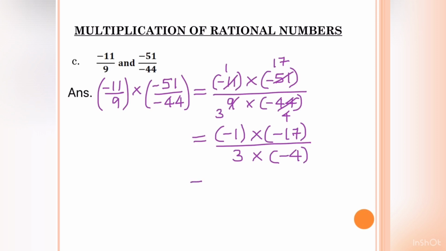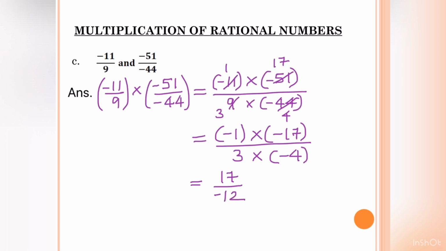In the numerator we have minus 1 times minus 17. The product of any two negative integers is a positive integer. So minus 1 times minus 17 is plus 17 by, in the denominator we have 3 times minus 4. And we know that the product of a positive integer and a negative integer is a negative integer. So 3 times minus 4 is minus 12.